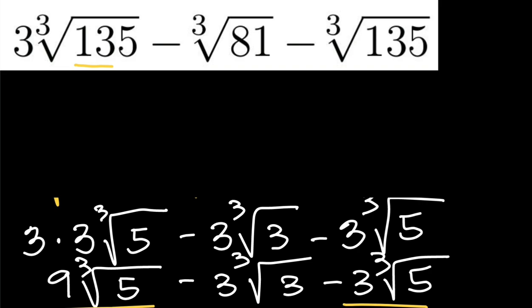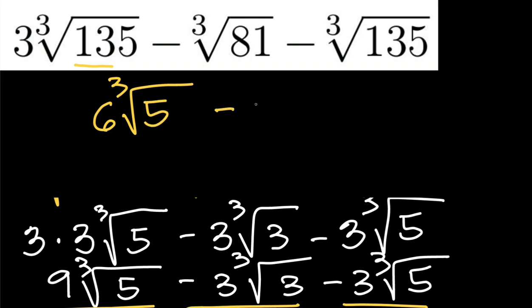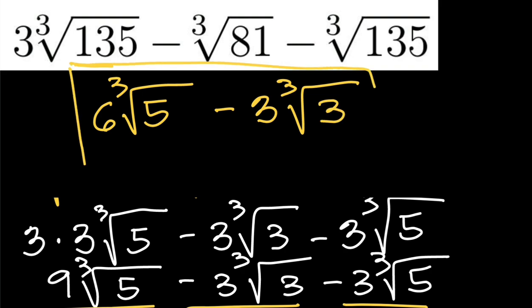That is 9 minus 3, which is 6, then cube root of 5. Then this one, minus 3 cube root of 3. So this is now our final answer.